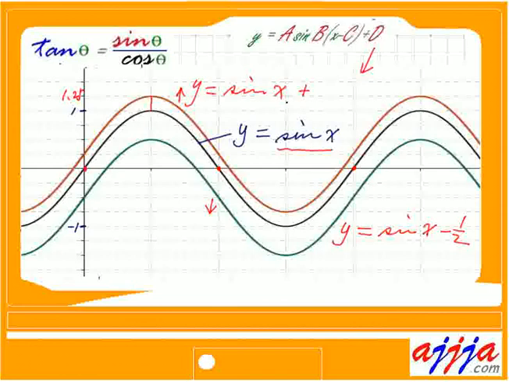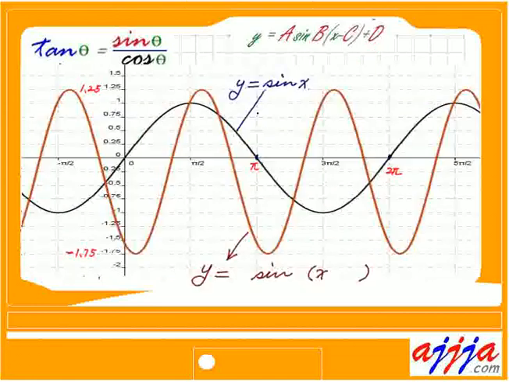Let's try one example right here. That blue one is sine x, right? So from the original. Now, what about the brown one right here? It's a new one. First of all, we're going to find the amplitude. Amplitude means the highest point minus the lowest point, which is 1.25 minus negative 1.75. What is that? 3, right?